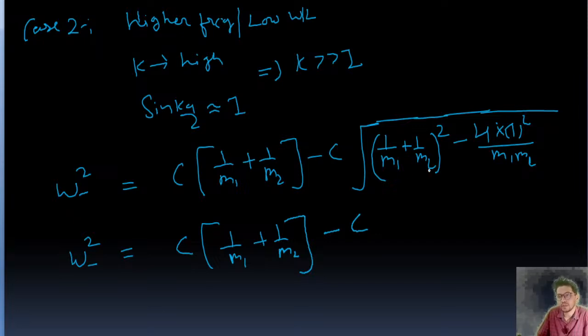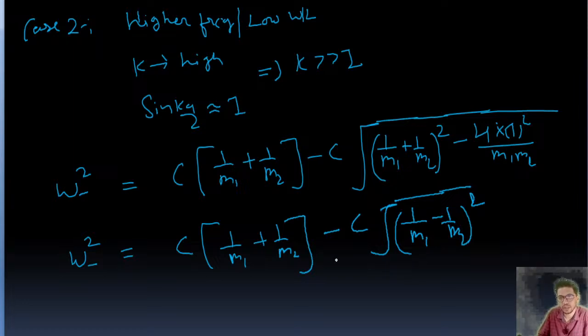This value, you can see, is 4 m1 m2, right? If you open it, this and this will get cancelled. So this is going to be root of (1 upon m1 minus 1 upon m2) whole square. If you open it, we have this value.